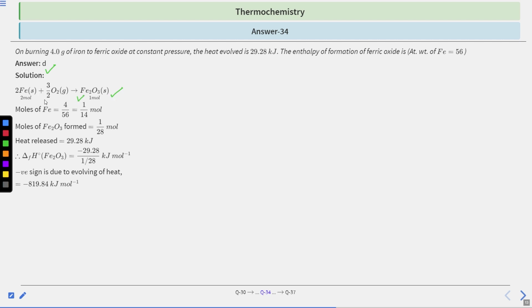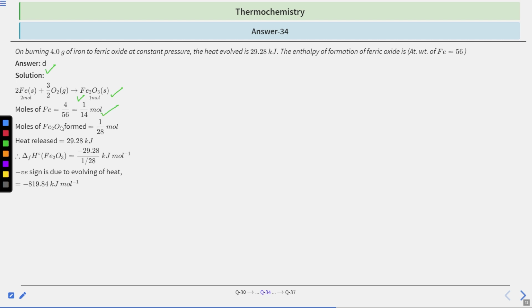So 2 mole of iron will give 1 mole of Fe2O3, and 1 mole of iron will give half mole of Fe2O3. Moles of iron: the given mass of 4 gram divided by atomic mass 56, so it is 1/14 mole.